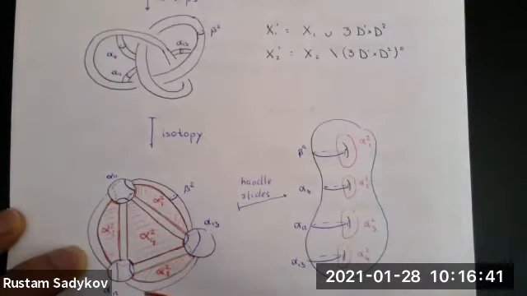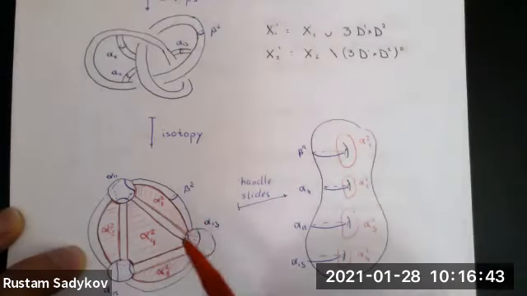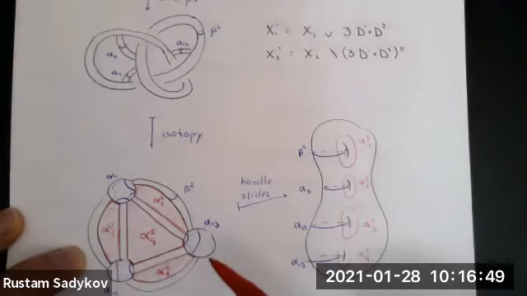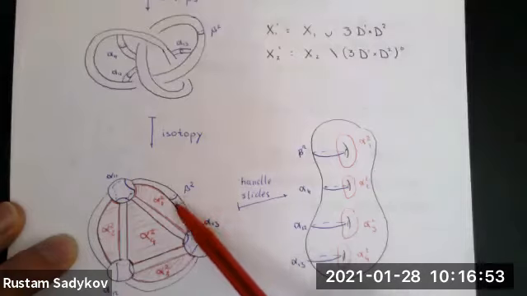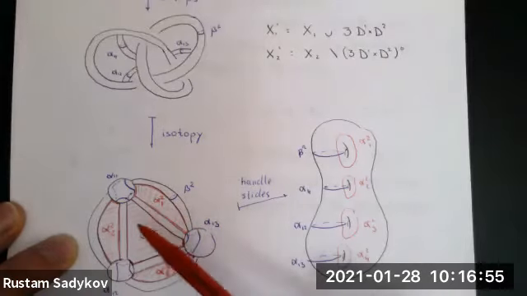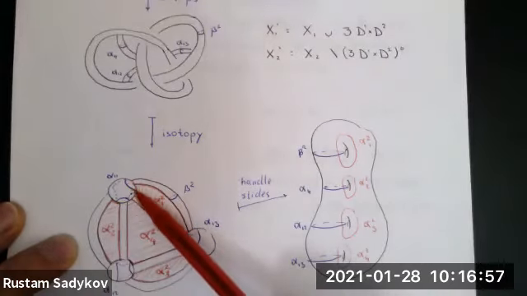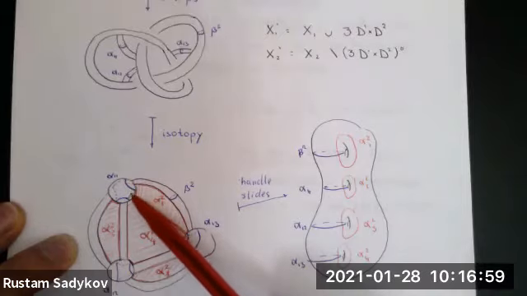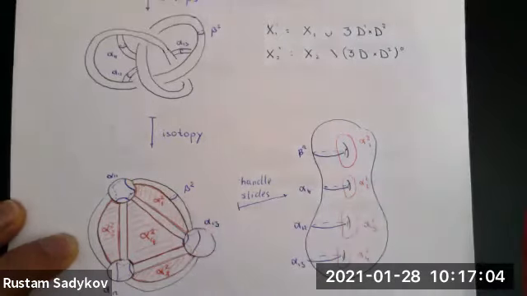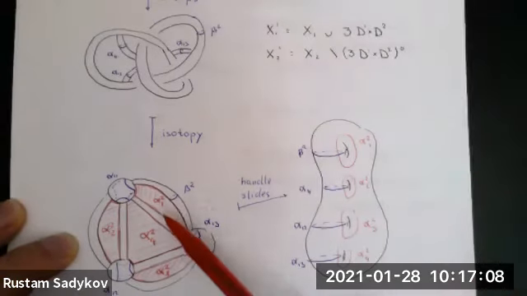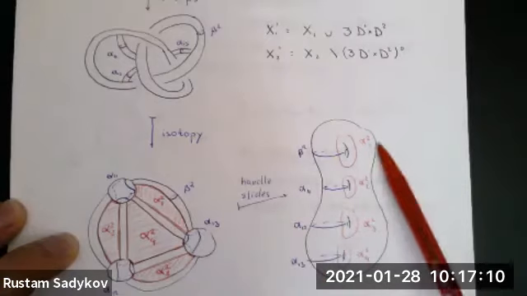But actually, in our proof, we also need to make sure that this is a standard Heegaard decomposition of the sphere, and to make it a standard decomposition of a sphere, we need to use handle slides. So you can take this attaching sphere, and you can slide it along other handles one by one, and by handle slides you can get such a picture.